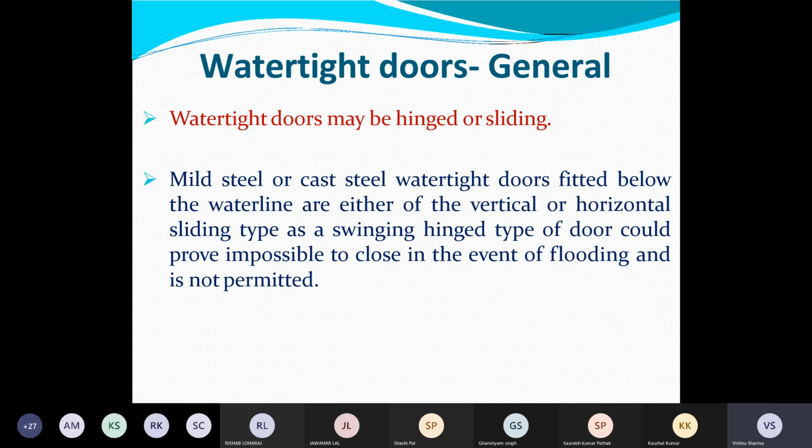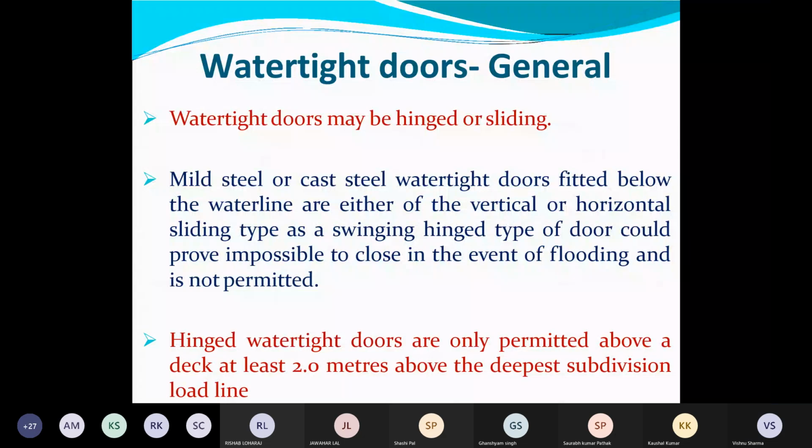It wouldn't be opening outwards if it was on the side plating. And then what would happen in case the water is gushing in? There is no way you can close it. Therefore, below the water line, you have to have sliding doors, because sliding doors can operate when the water is gushing in, compared to the operation of a hinge door.